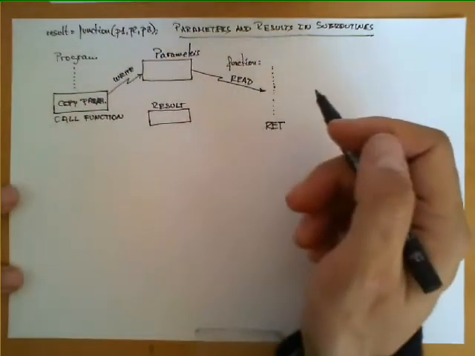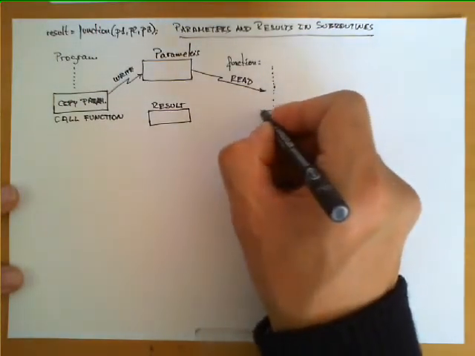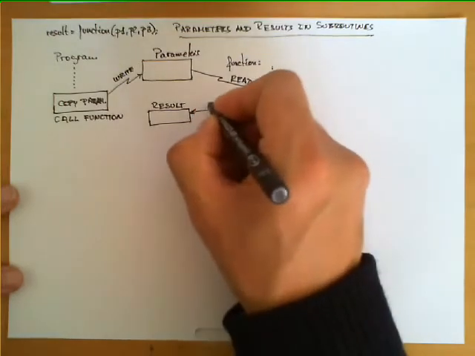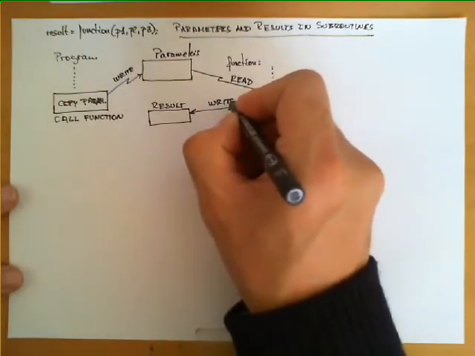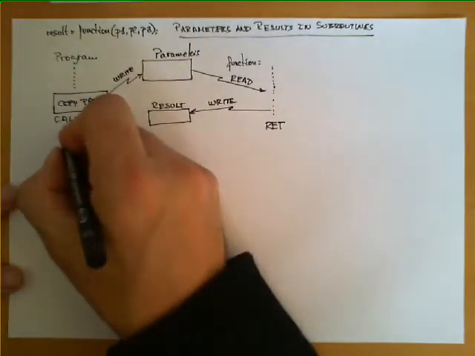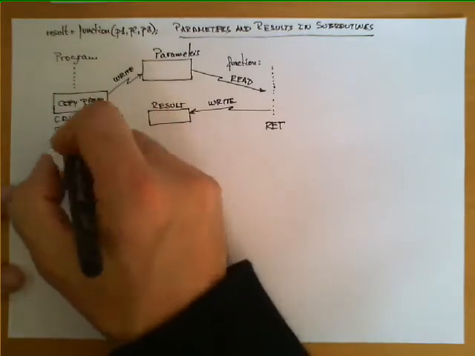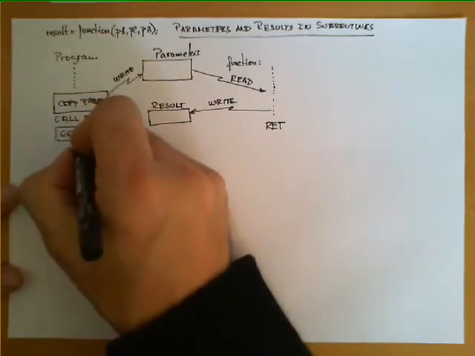the program. Why? Because the function, after obtaining the result, will perform a write operation to deposit the result in this location, and after returning from the function call, there will be some additional instructions in the program to get the result.